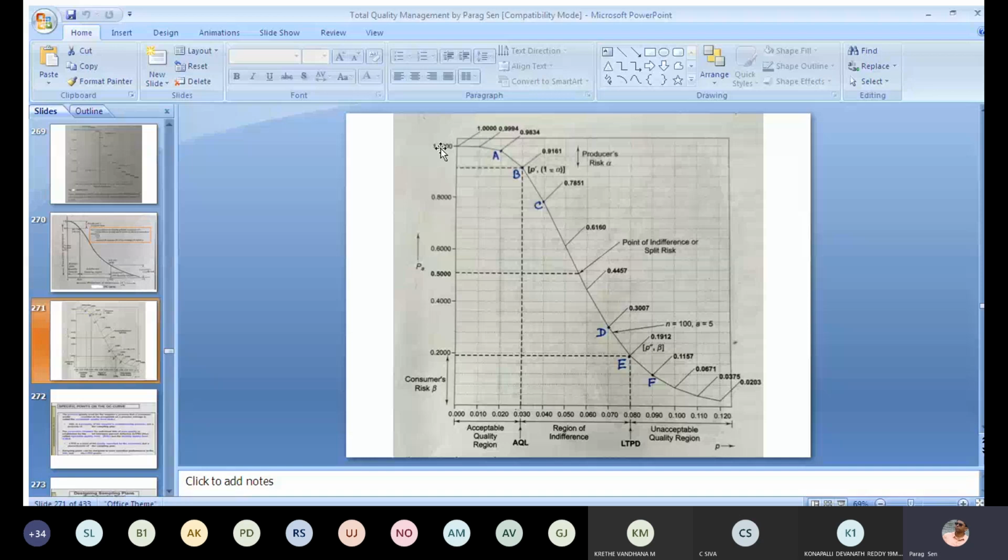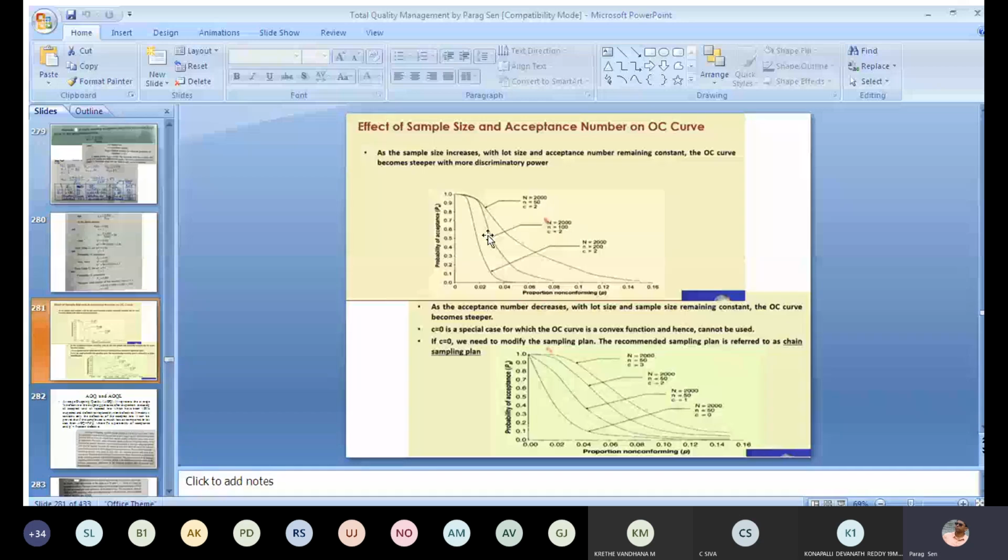Suppose this is the characteristic of the OC curve. But instead of this curve, some curve may be like this, or like this. Lots of different types of operating characteristics curves you can get. I have already shown you that different types of operating characteristics curves you may get.